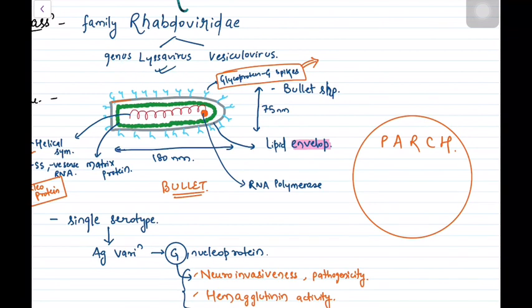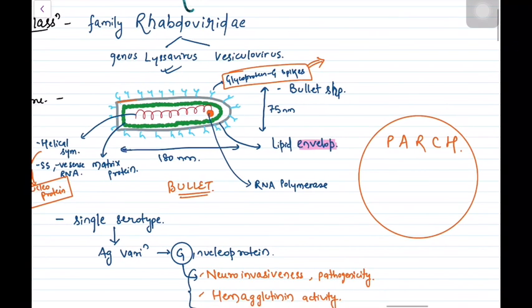Then this green colored is the protein structure. This is the matrix protein, under which we have this very beautiful helical symmetrical shaped RNA, which is the single stranded negative sense RNA, and this has the nucleoprotein.